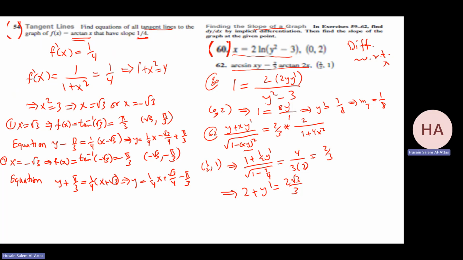That means y prime equals 2 root 3 over 3 minus 2, which I can rewrite as 2 root 3 minus 6 over 3. This is okay.